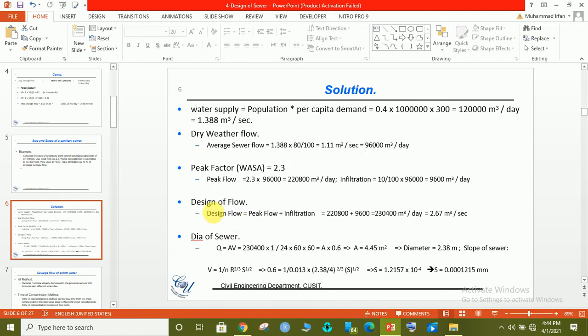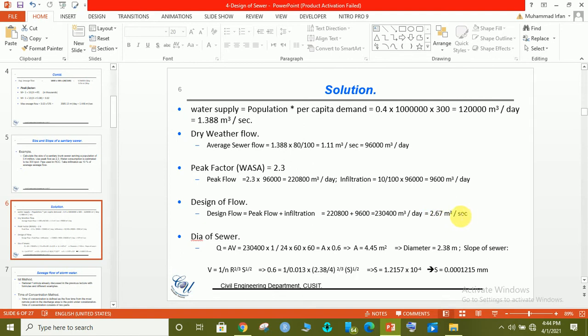So the design flow is the peak flow plus the infiltration flow. The peak flow is the average flow multiplied by the peak factor, plus infiltration of 9600, which is 230,400 meter cube per day, or 2.67 meter cube per second.